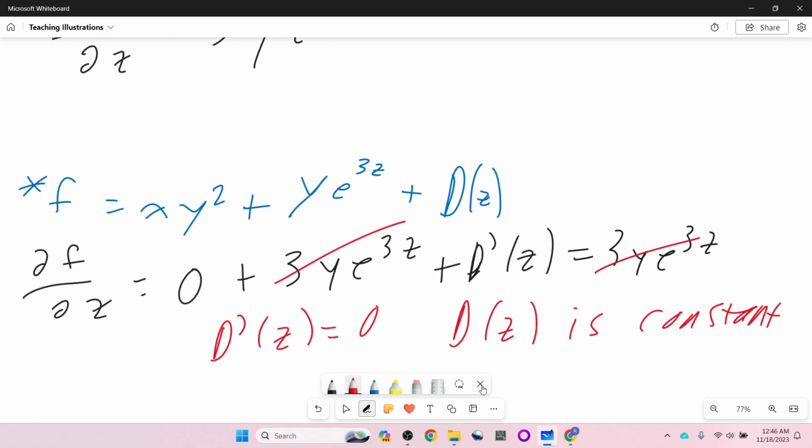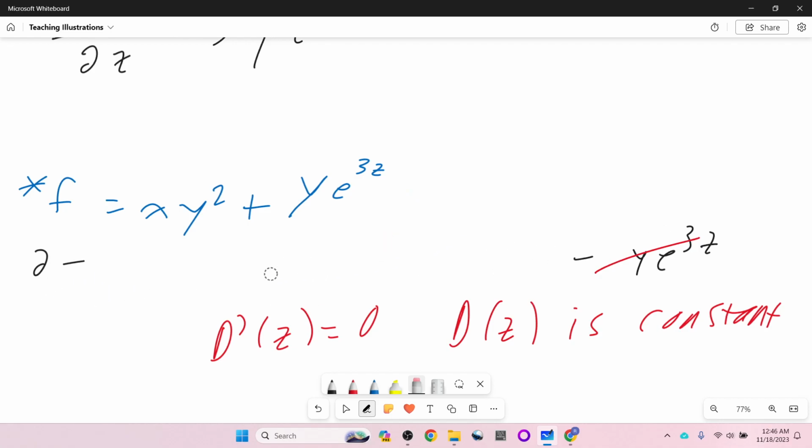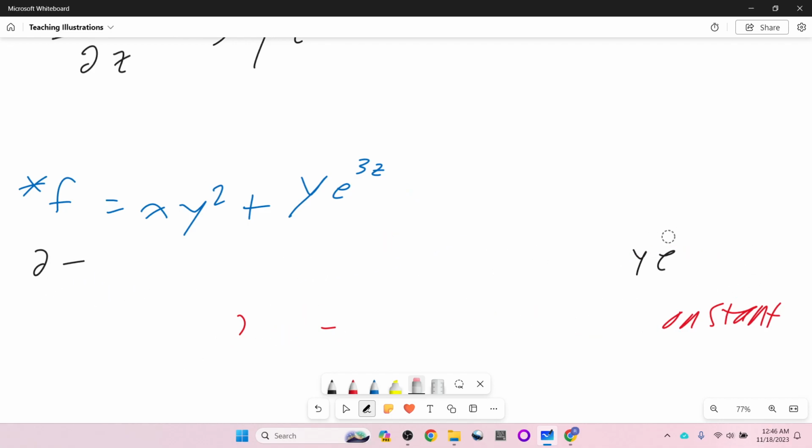It's a true constant, in fact. It doesn't have any z's in it. But we said that that doesn't actually matter. Constants are capable of being ignored. We'll just take out d. And that then is our actual potential function.